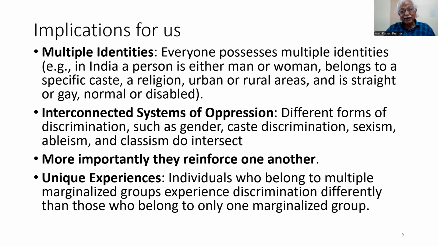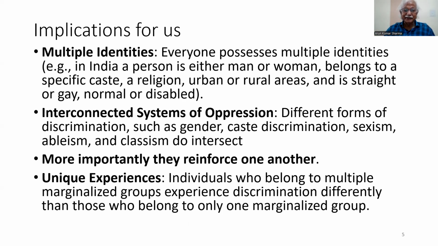Actually, there are many implications of this concept for us. One, it recognizes multiple identities. In most of the diverse and modern and postmodern societies, we have multiple identities. Everyone possesses multiple identities.